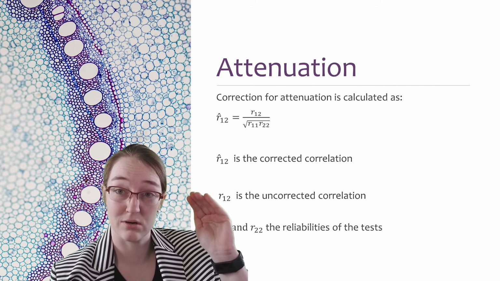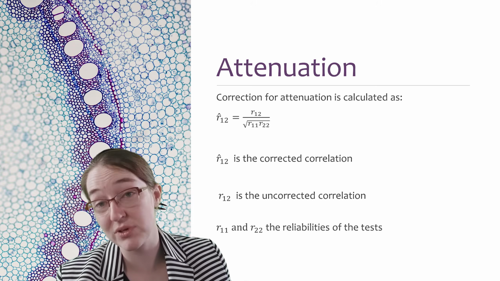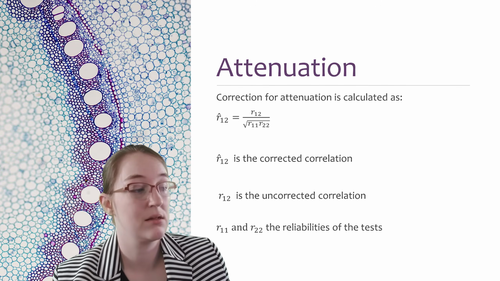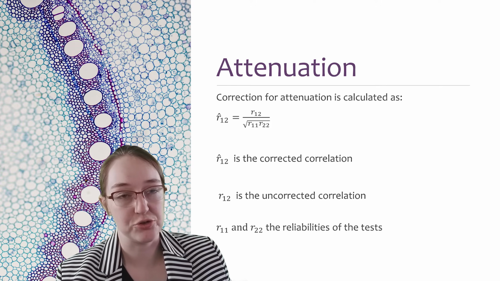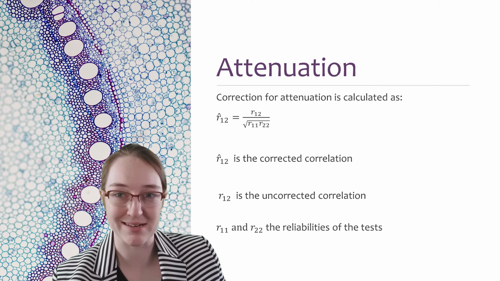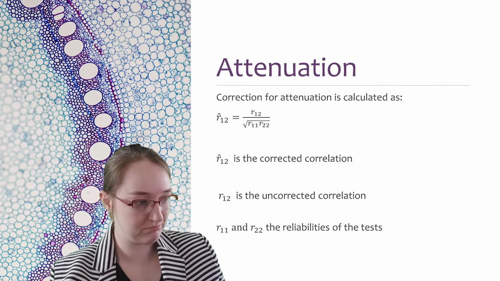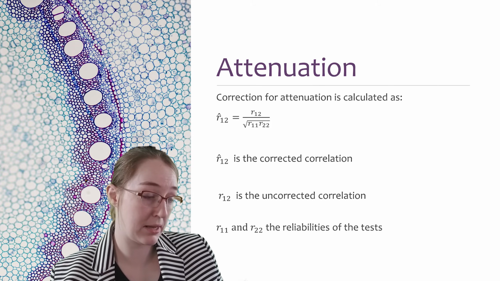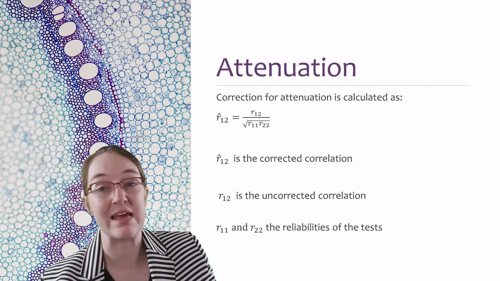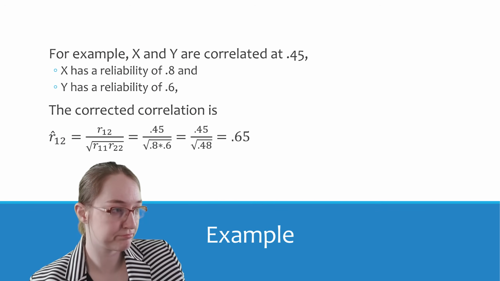That's in the top. That's R sub 1,2, as well as the known reliabilities for our two tests. So if we already know that their reliability is dicey, and you should be estimating this from ideally pre-existing measures, not using the reliability of your measure of your data right now. But yeah, so we pop those two in, and our end result is what we would expect our correlation to be if we had had, well, perfectly reliable measures.